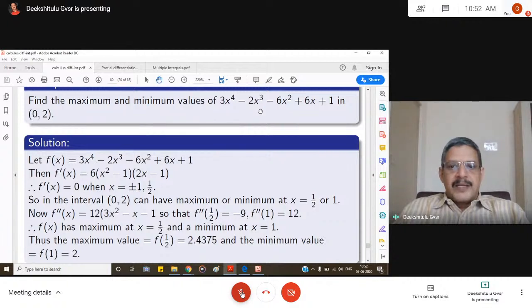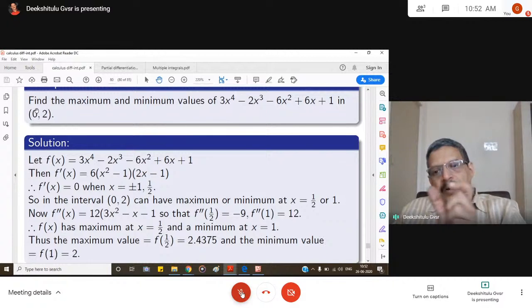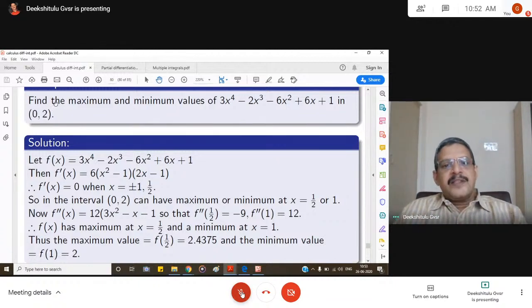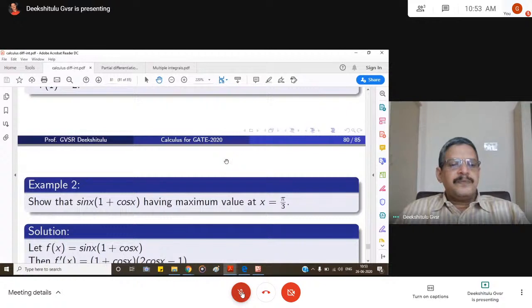We don't want the maximum values over the complete real numbers. We are considering a small interval here, and in this interval we are finding the maximum and minimum. That's why this concept is called local maximum and local minimum, not global.